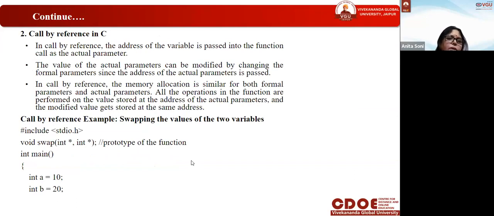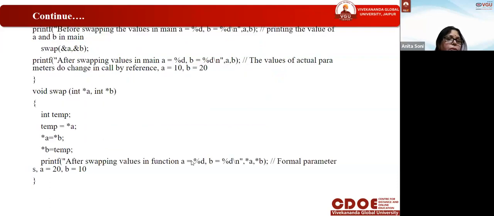As you know, call by reference means you are passing the address. So here in call by reference, the return type is void, the function name is swap, and you are passing two integer parameters of pointer type. In main, you have declared A and B and initialized them with 10 and 20.